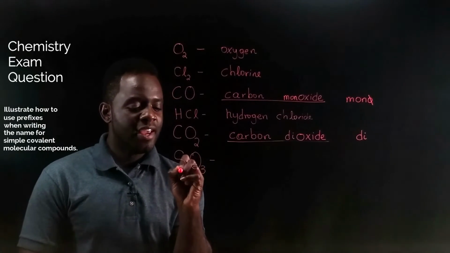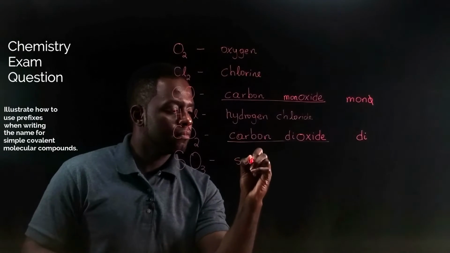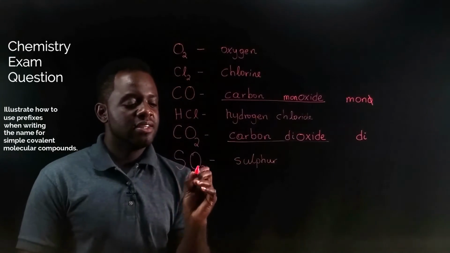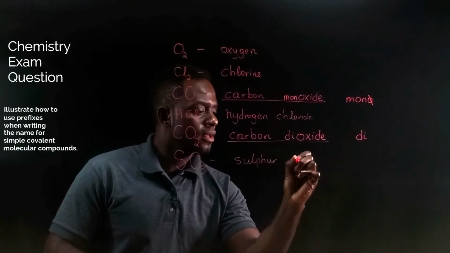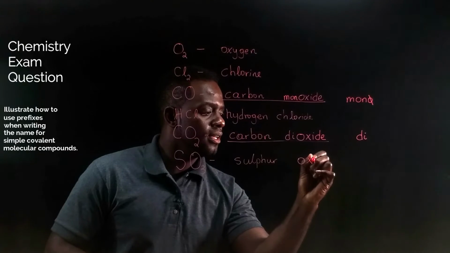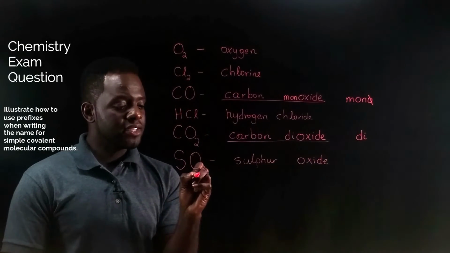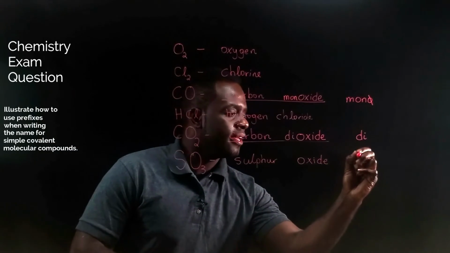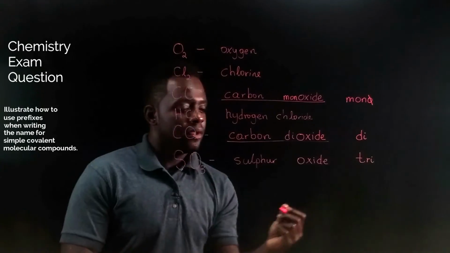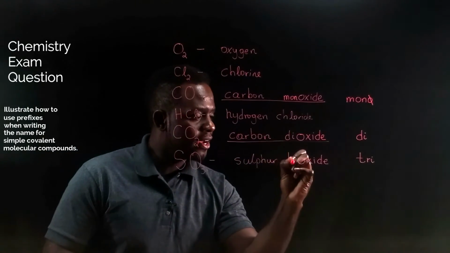So we write the name of the first element as is, and the second element we have the suffix IDE. The prefix for 3 is tri. So the name of the compound is sulfur trioxide.